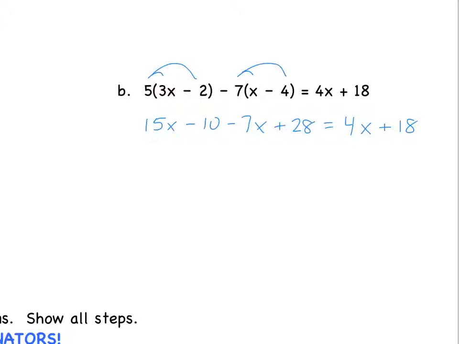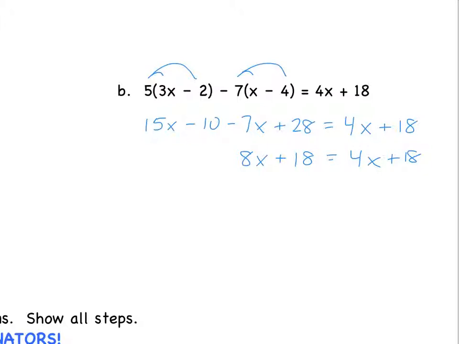Gathering all of the like terms, 15x and negative 7x, we have a total of 8x. Negative 10 plus 28 gives us a positive 18, equals 4x plus 18. Getting our x's on one side and our constants on the other, I'll subtract 4x and subtract 18 from both sides.